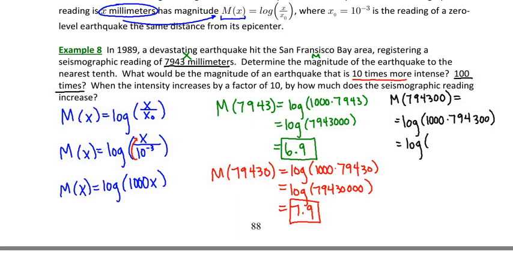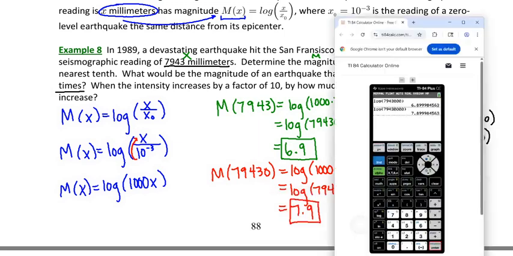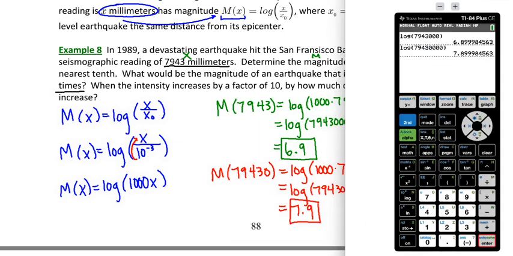Or log of, I'm going to take the 794,300 and add 3 more zeros. That's 794,300,000 in our argument. So this will be log of that, with one more zero on our answer there, and notice that gives me an 8.9.